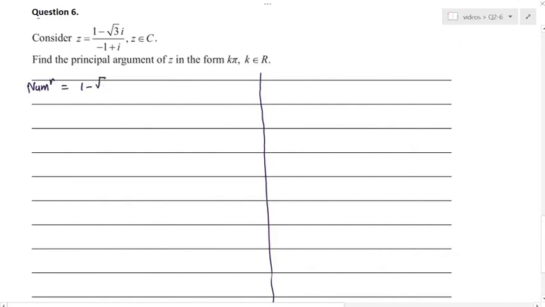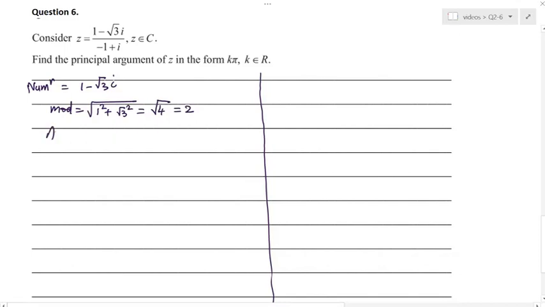So 1 minus root 3 iota, its mod is equal to square root of 1 square plus root 3 square, which is equal to square root of 4, which is equal to 2. And then we need to find its argument.